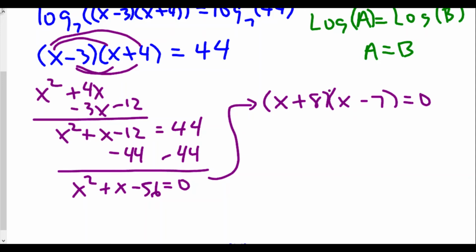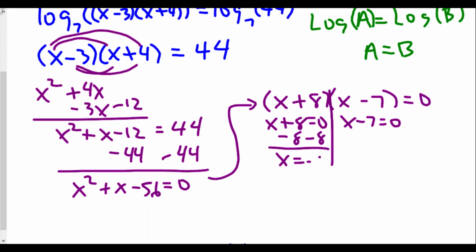We set them both equal to 0. So we have x plus 8 equals 0 and x minus 7 equals 0. We solve for x: subtract 8 on both sides, we get x equals negative 8. Add 7 to both sides, we get x equals 7.